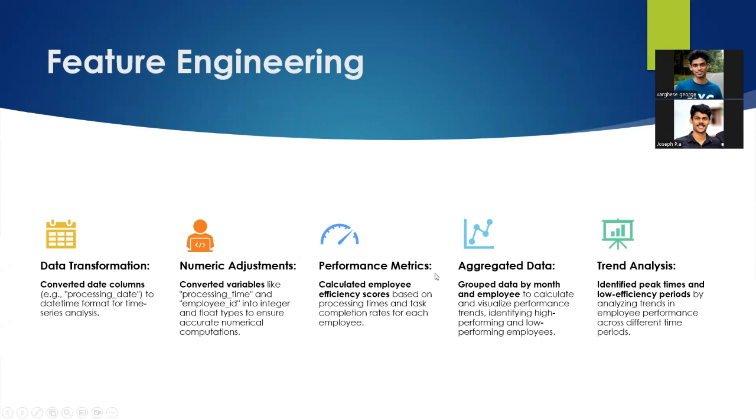For the performance metrics, we calculate the employees' efficiency scores, which the graph also shows. For the aggregated data, we group the data by month and employee to calculate and visualize the performance trends, identify the high performance and low performance of the employees, which helps the performance analysis. And the trend analysis identifies the peak time and low efficiency periods by analyzing trends.